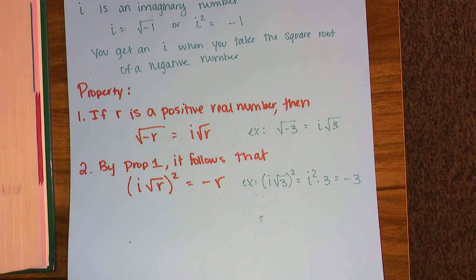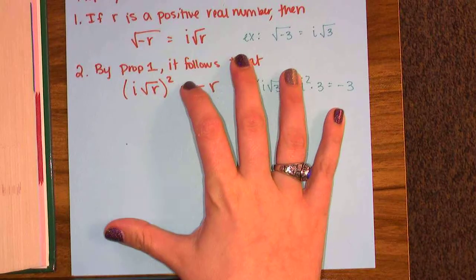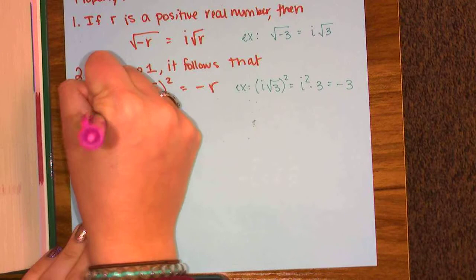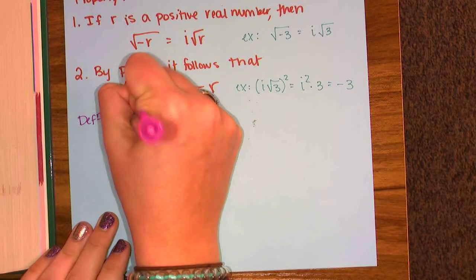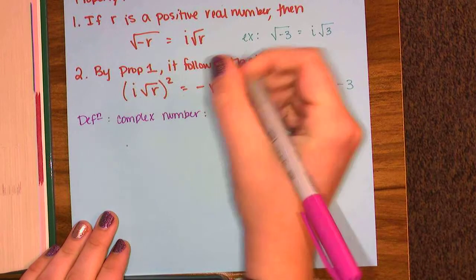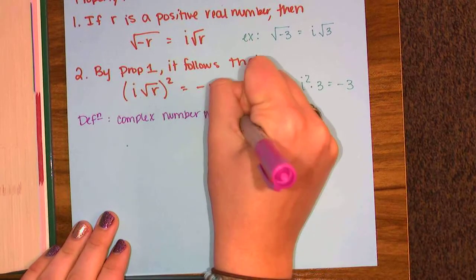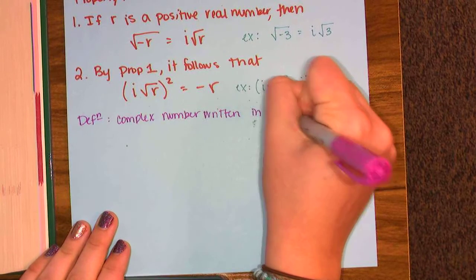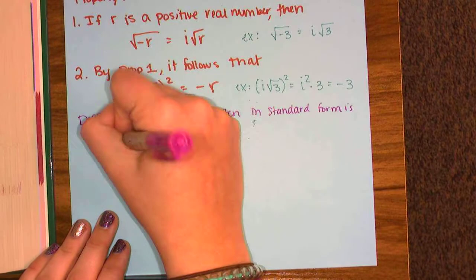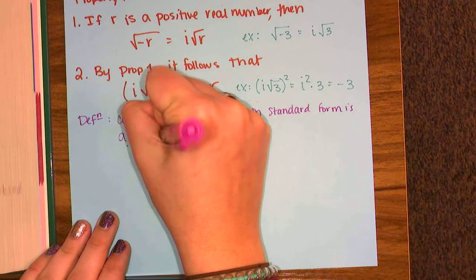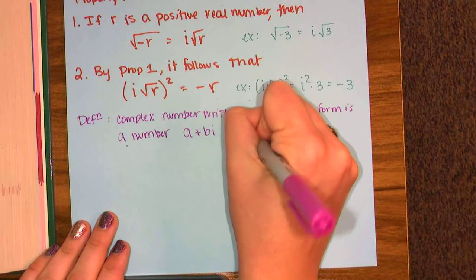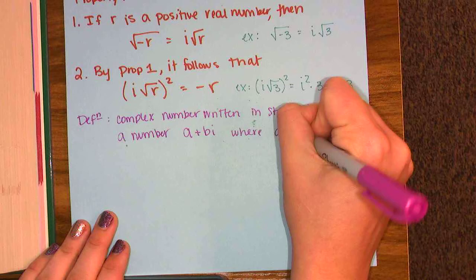So let's see here. I have another definition. So a complex number written in standard form is a number a plus bi where a and b are real numbers.